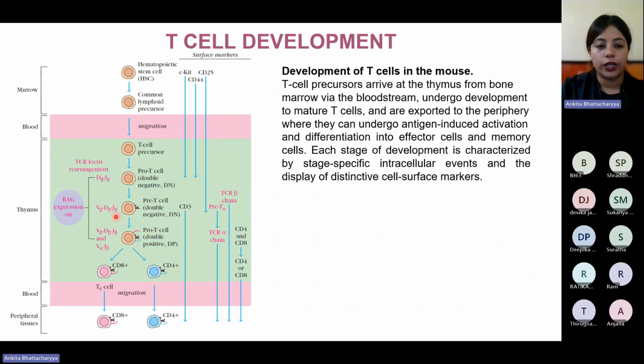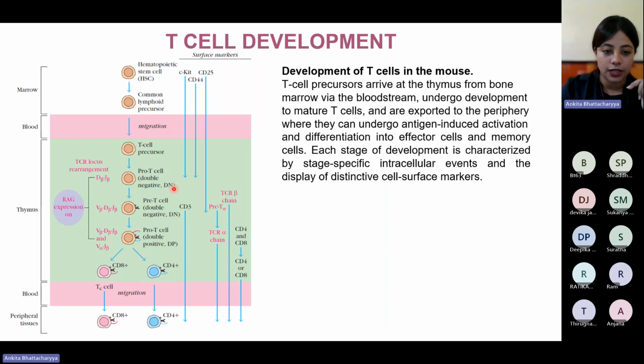Again, we are not going into details of it now, but these two processes occur simultaneously, which is why the schematic is representing it. So it undergoes this recombination and then it is a pre-T cell and it is still in the double negative state. From the double negative state, it then progresses towards the double positive state.